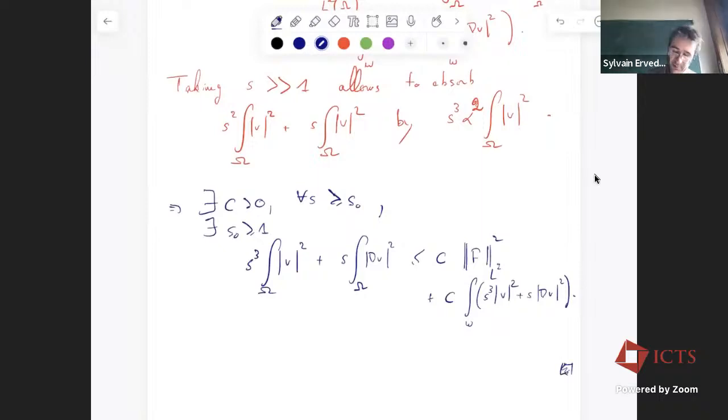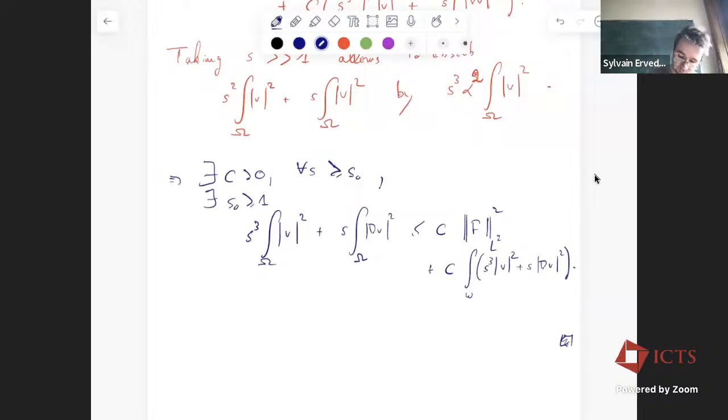There are still some details to do, so we can remove the observation of s gradient v squared by some kind of Caccioppoli inequality.